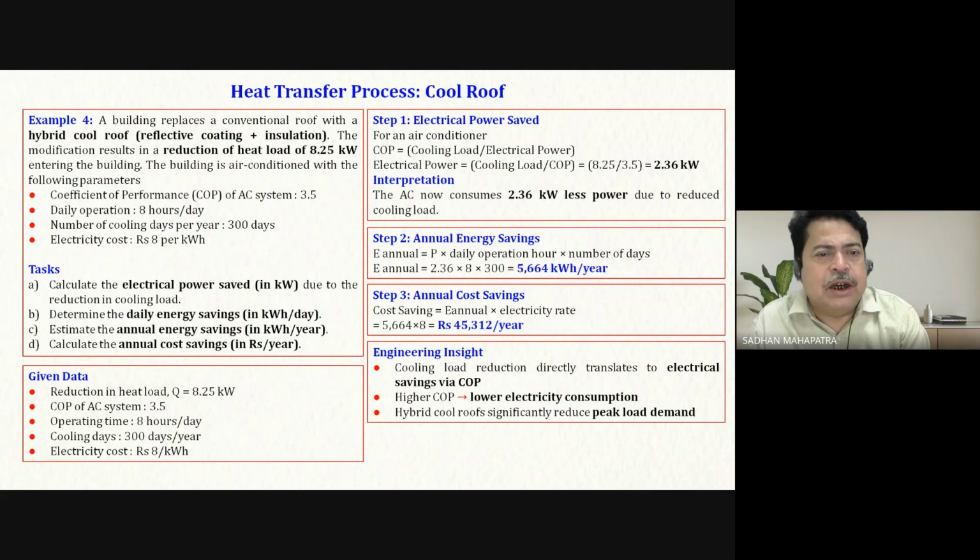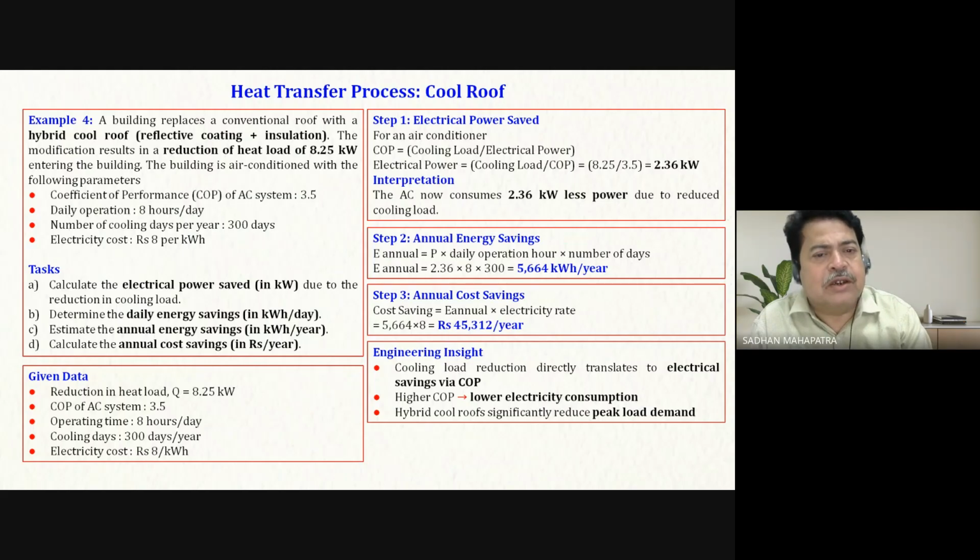This is another building that replaces a conventional roof with a hybrid cool roof, reflective coating plus insulation. The modification results in a reduction of the heat load of 8.25 kilowatt entering the building. Now the building is air conditioned with the following parameters.